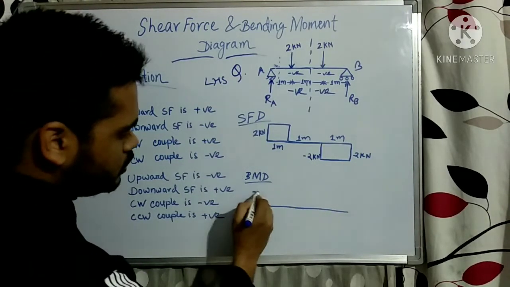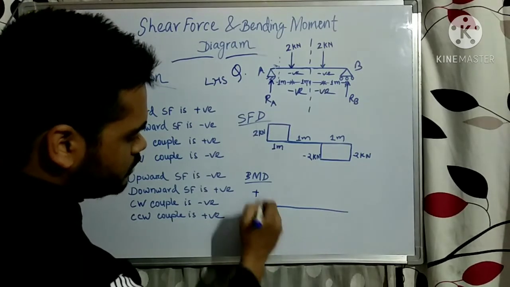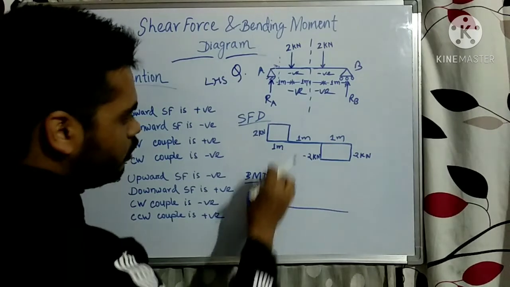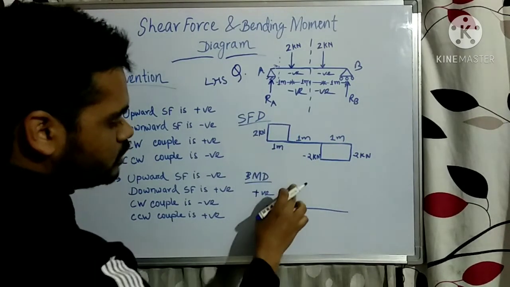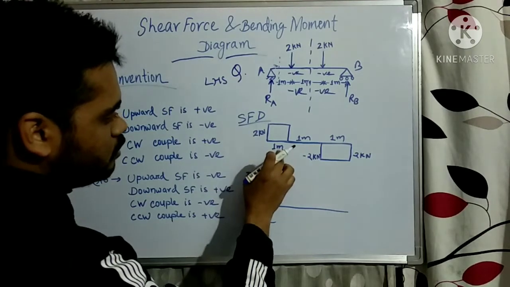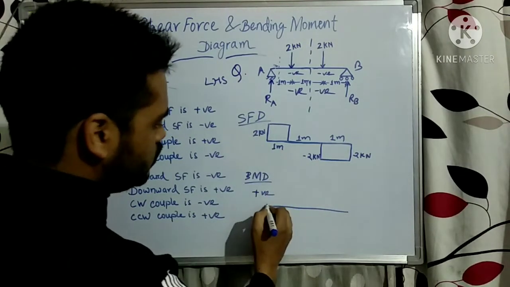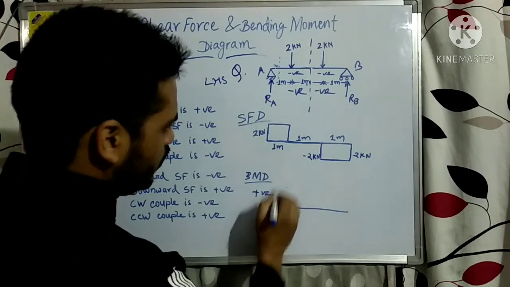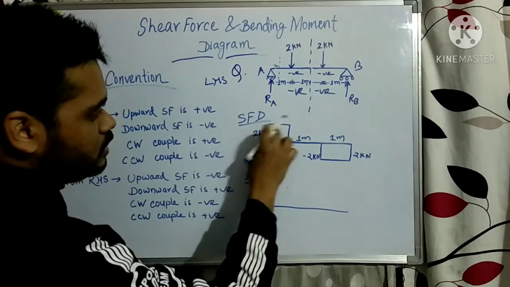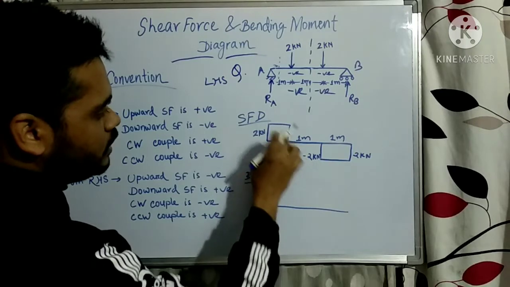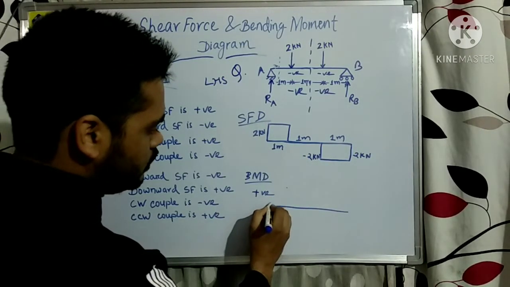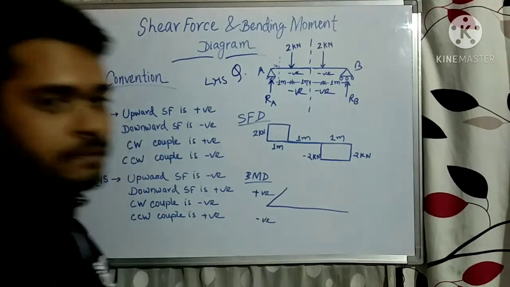So this is the positive section and this is the negative section, and this is the neutral axis. So I will draw this bending moment in the positive part. This force into distance, 1 meter into 2. Up to this point it is constant shear force, so the bending moment will be linear.